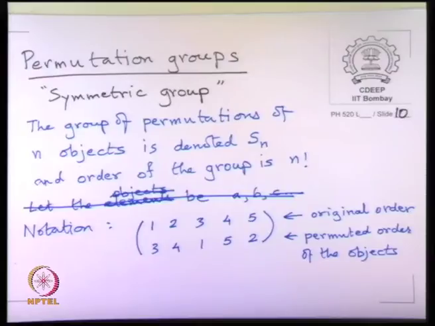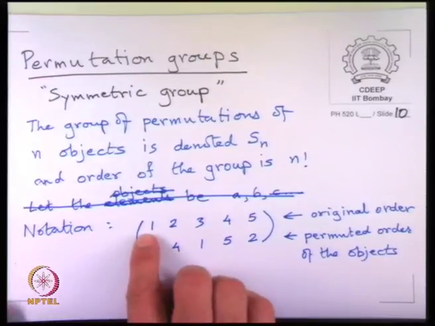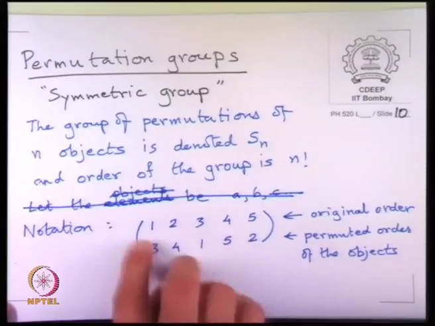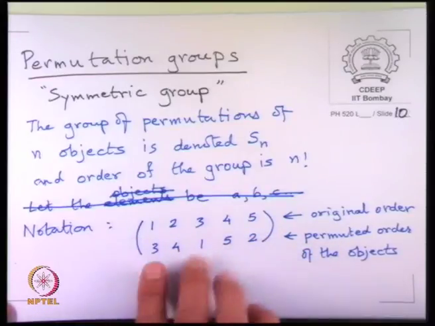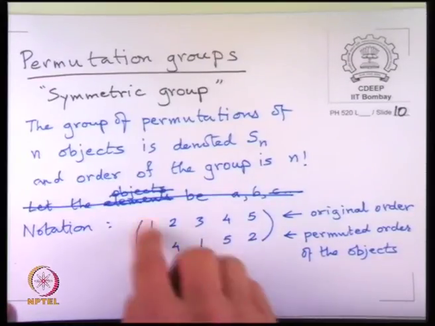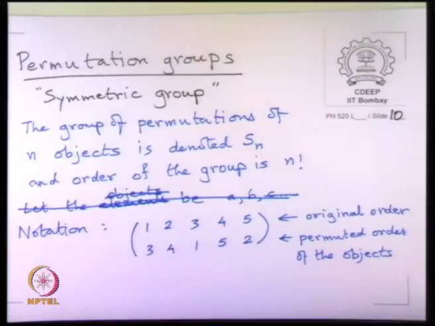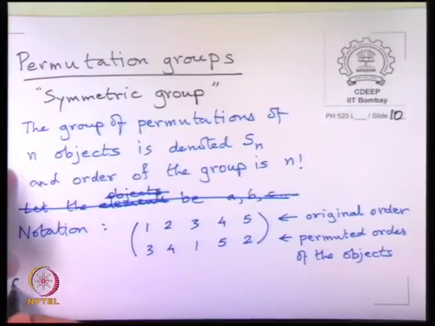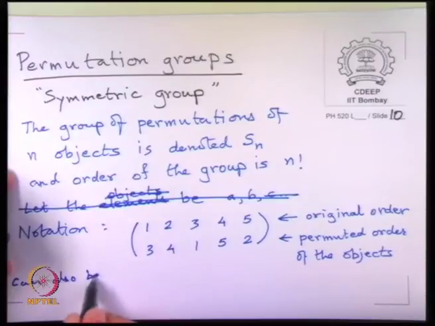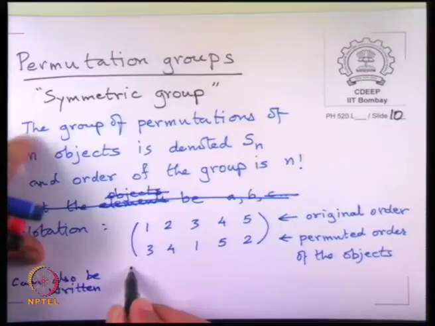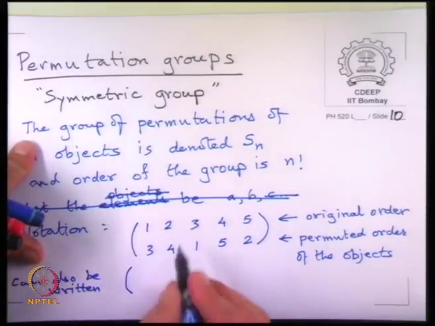One thing to keep in mind is that there is nothing very sacrosanct about the top row being 1, 2, 3, 4, 5. I can actually exchange the columns. We can just permute the columns.